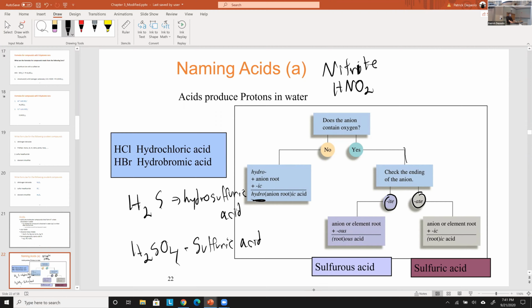If it has an ITE ending, we're going to change the name of the acid to OUS and then add acid. So the name of HNO2 would be nitrous, like nitrous oxide, like Tokyo Drift. Nitrous acid.